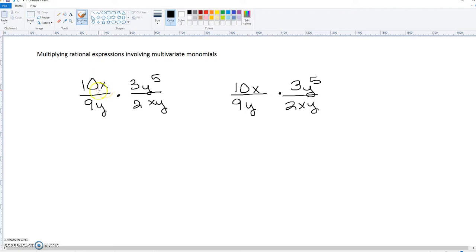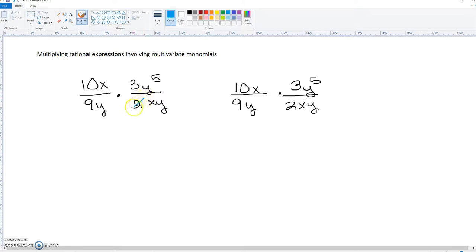One way is you can cross simplify and make things easier that way. Let me switch colors here just to make things a little easier to see. Cross simplifying means that we're dividing the numbers that are across from each other. So we've got 10 here and we've got 2 here.